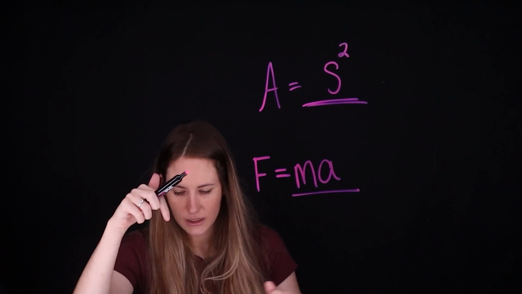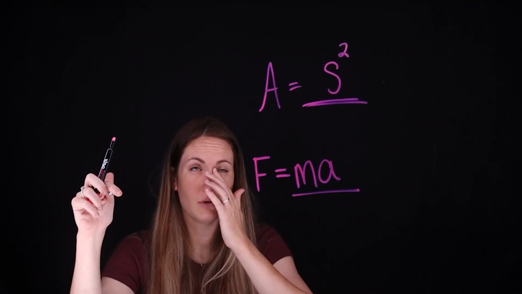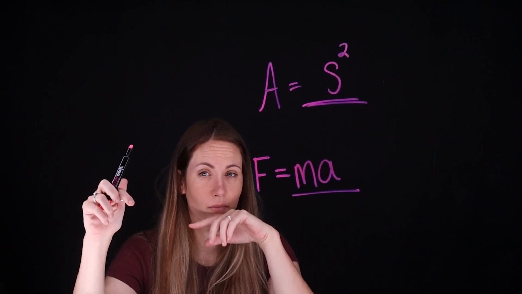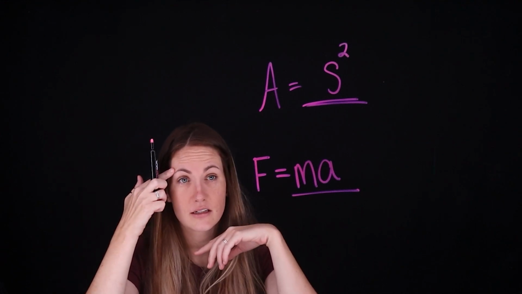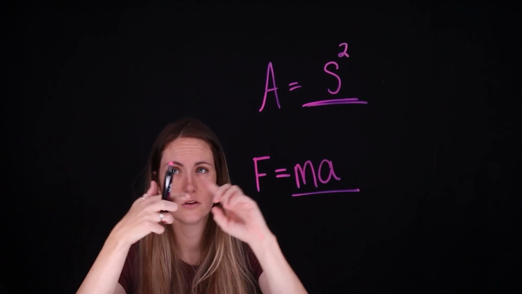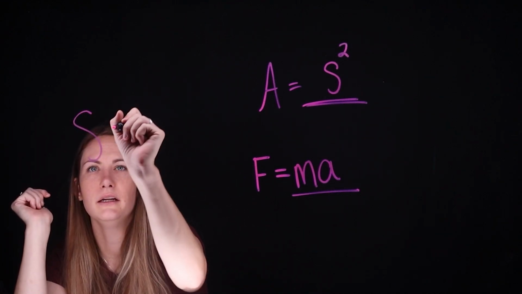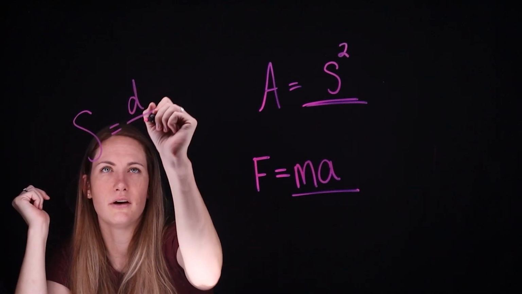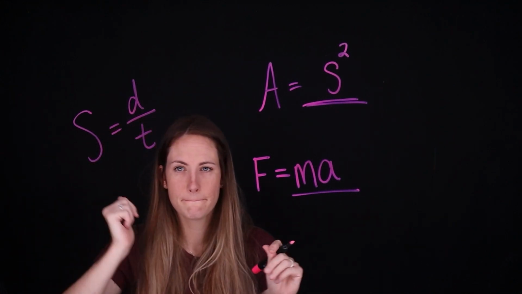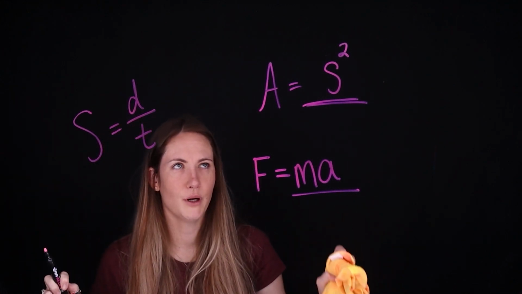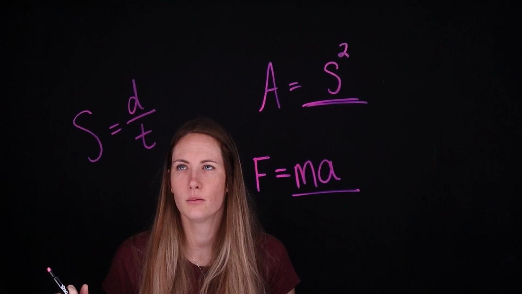There are problems like this on your test, and it was speed equals distance divided by time. So speed equals distance divided by time. But be able to look at them.